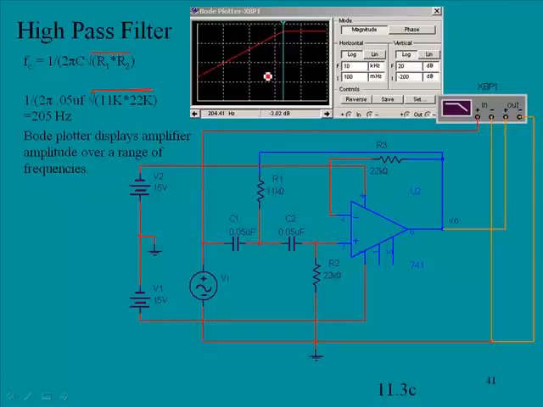Remember, going horizontally here, we're looking at frequency, and going vertically, you can adjust for the actual amplitude of the signal, and it is actually in decibels over here. Okay, so the Bode plot, when you use this, you would connect the input and output of the Bode plotter.